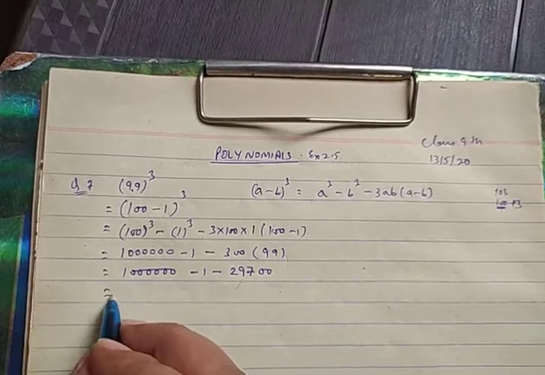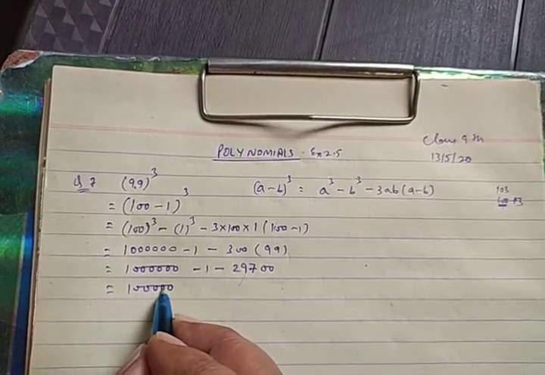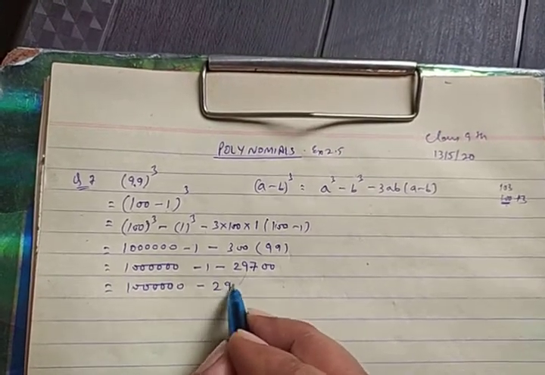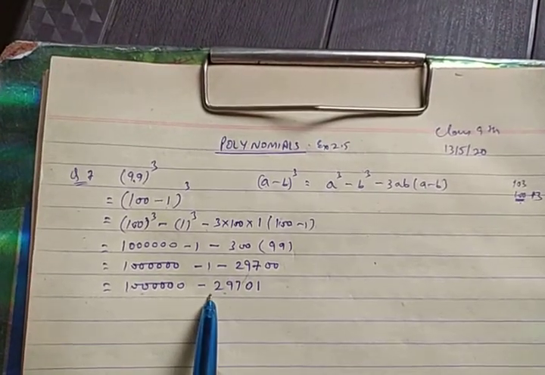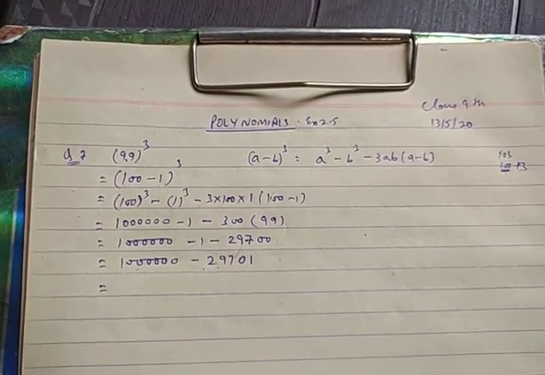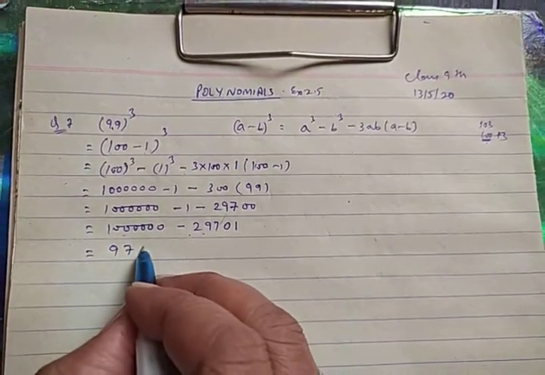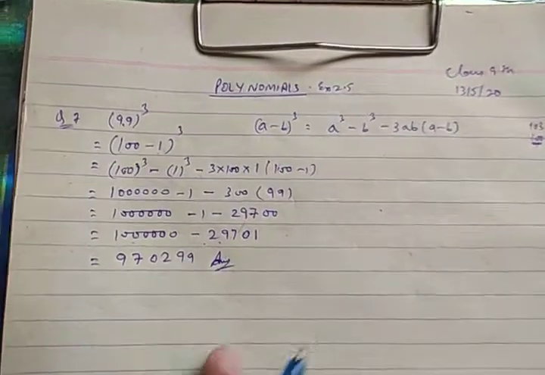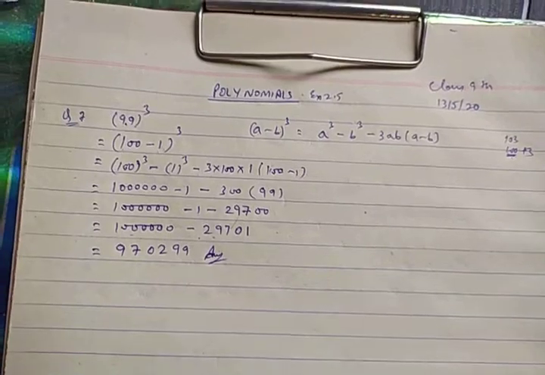These two negatives will be added, 1 2 3 4 5 6 minus 29701. Now you subtract this quantity and your answer will come: 970299. In this manner you have to solve the question. Other parts you also can do.